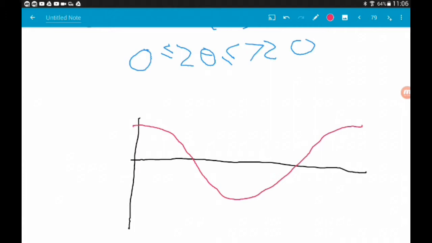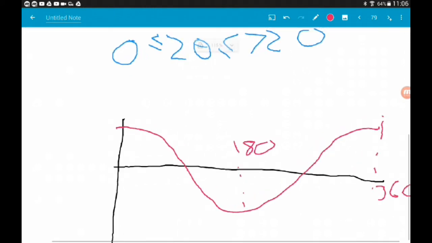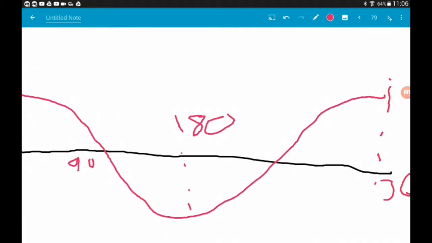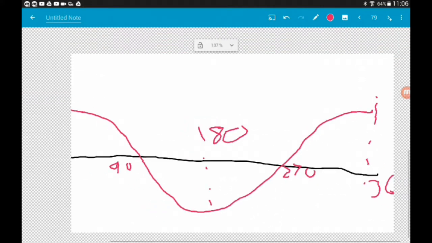So cos of theta looks like this, where this would be 360, this is 180, the first x-intercept is 90, and the second x-intercept is 270.